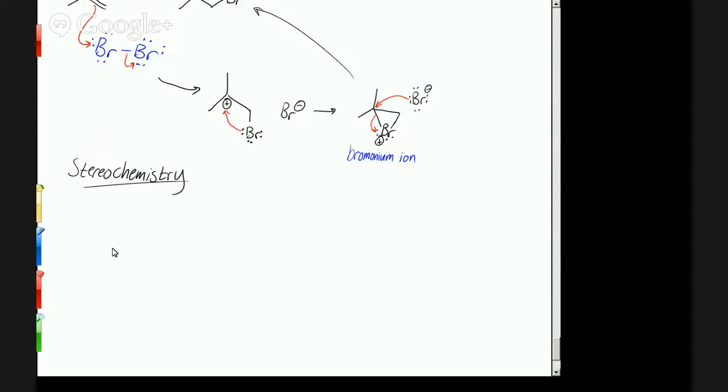We're going to make a 6-membered ring here. All right, cyclohexane. And then I'm going to build this bromonium intermediate.